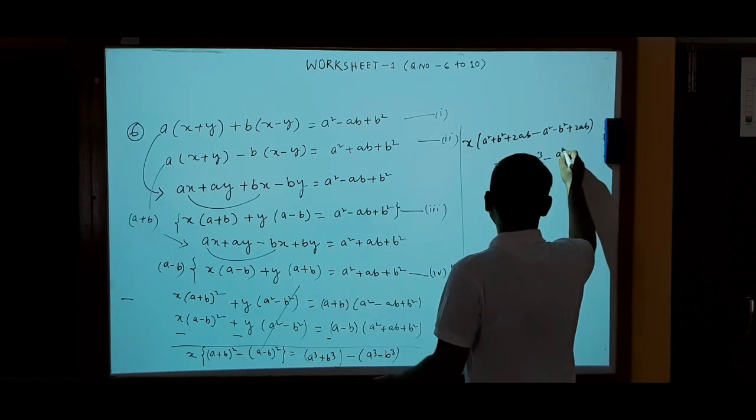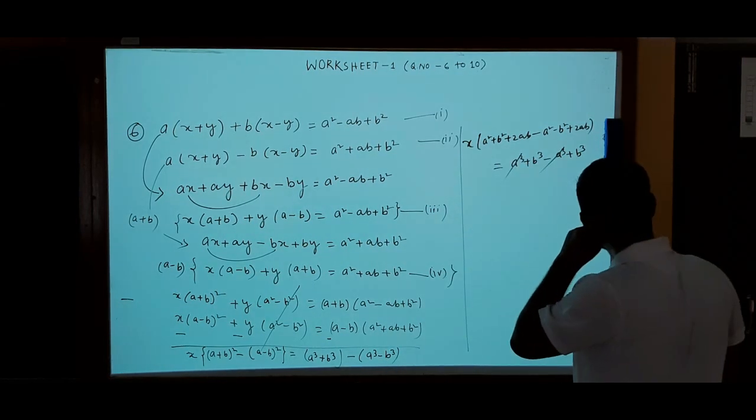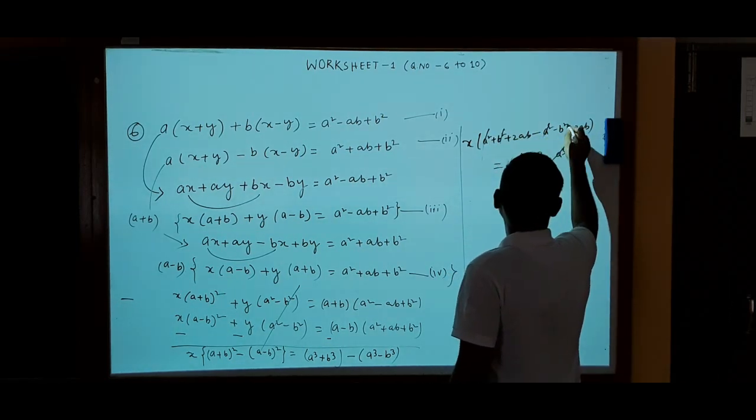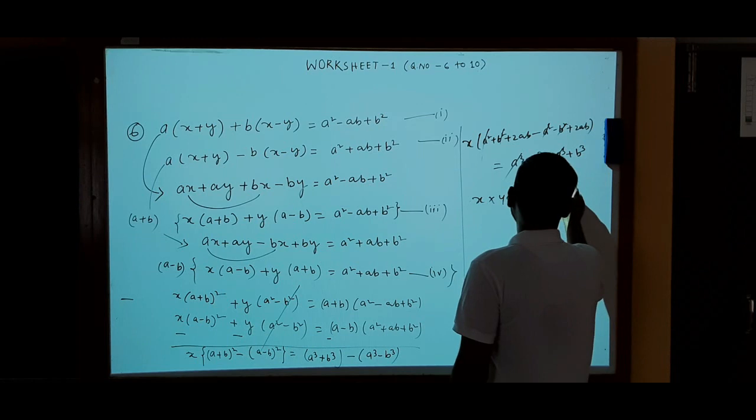I'll simplify it. This right hand side, I got this minus a³ and plus a³ will get cancelled. Here minus b² plus b². So x into 2ab means x into 4ab equal to b³.